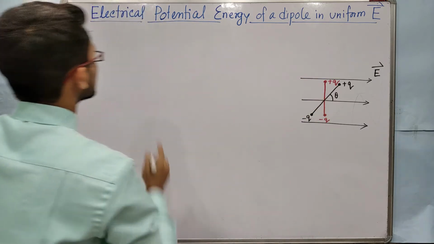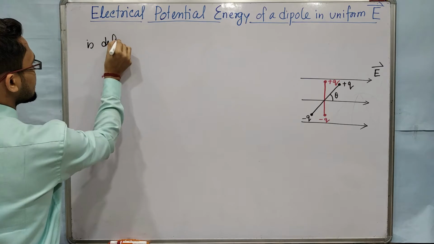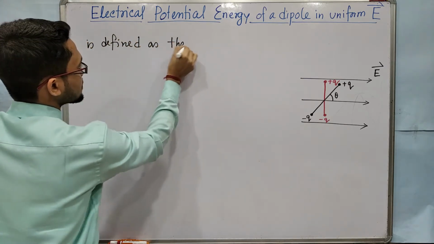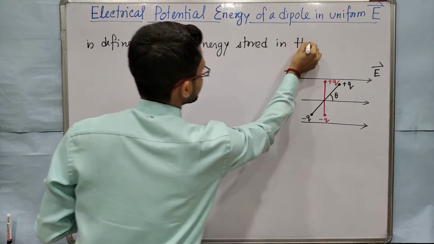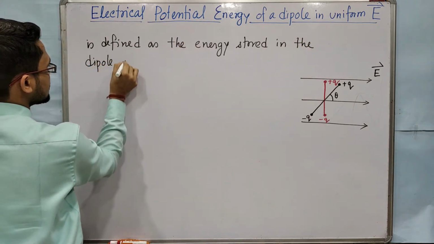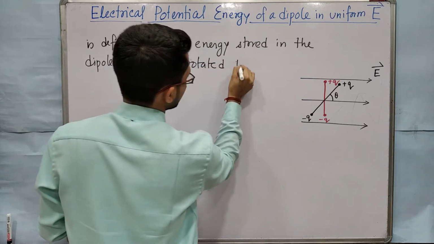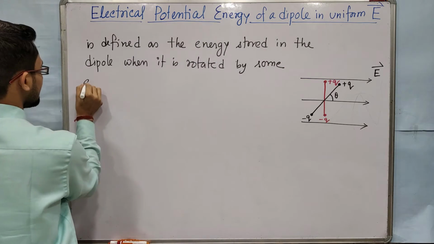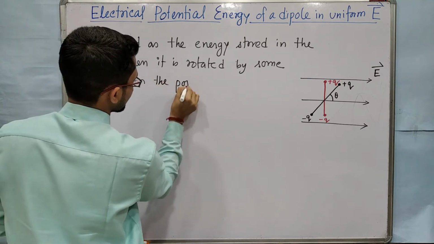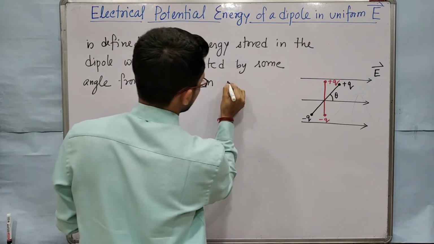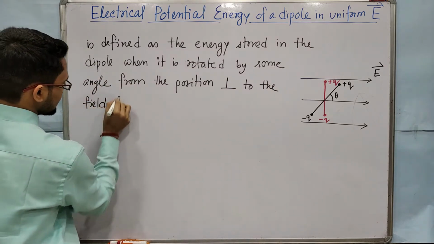So the electric potential energy of a dipole in a uniform electric field is defined as the energy stored in the dipole when it is rotated by some angle from the position perpendicular to the field lines, or electric field intensity.